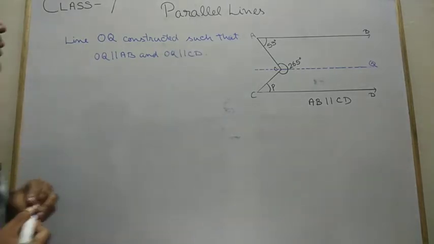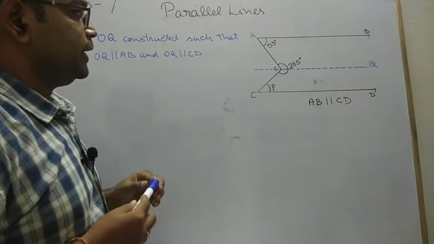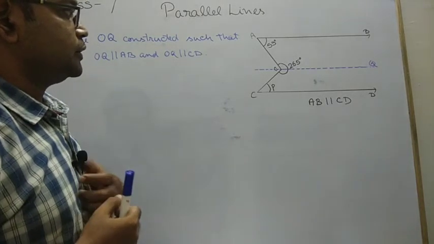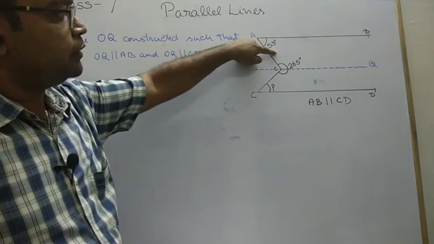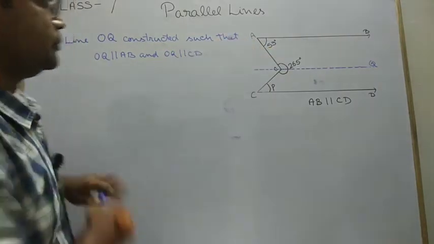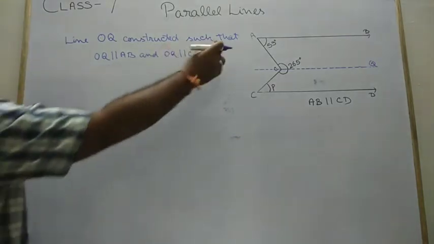Now from the construction we can easily write that if this one is 59, what about this angle? I am talking about between AB and OQ.